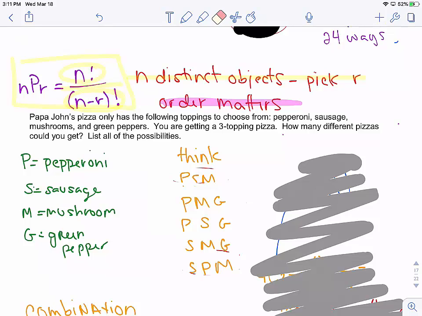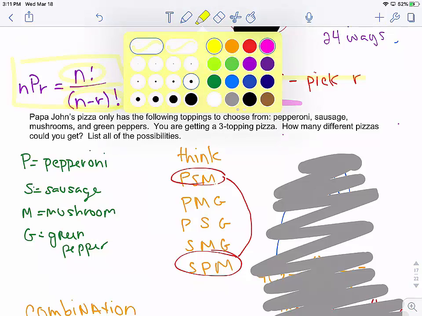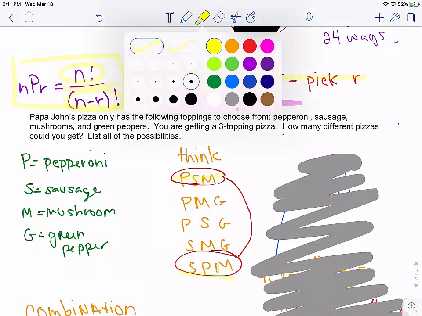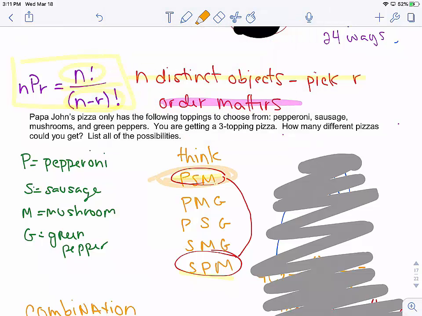But if you did that, you would come to realize that some of the combinations would be the same pizza. Because if you got a pepperoni, sausage, mushroom pizza, that would be the same as a sausage, mushroom, pepperoni pizza, unless you're super picky, and then you think they're different pizzas, but really they're the same pizzas. You just ordered the toppings in a different way.